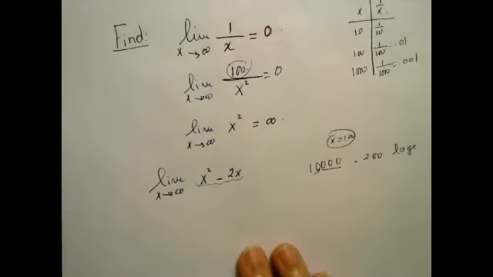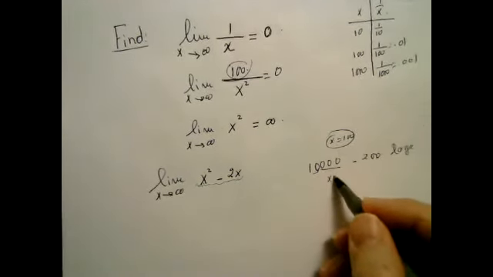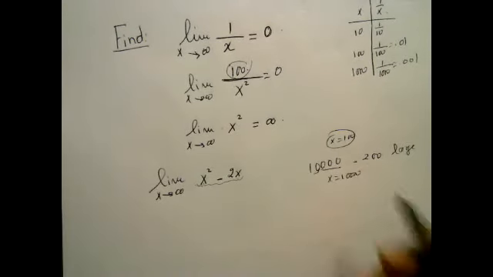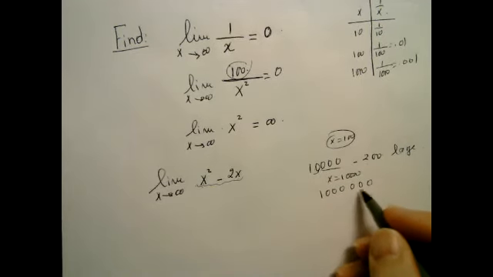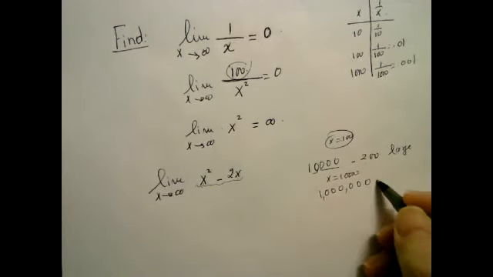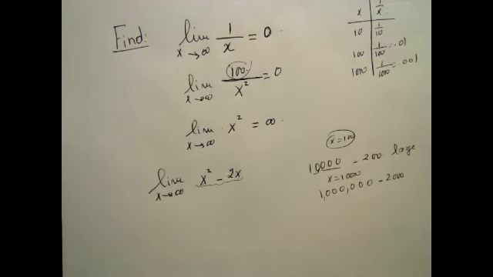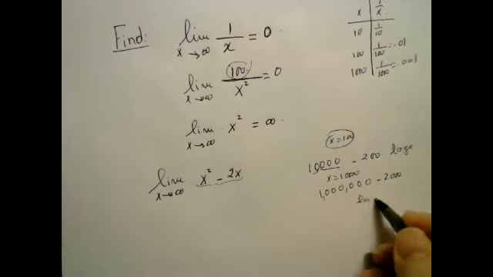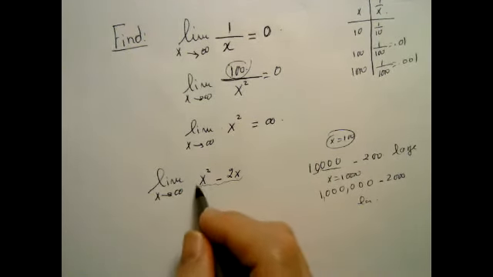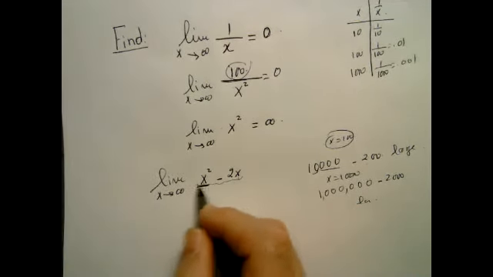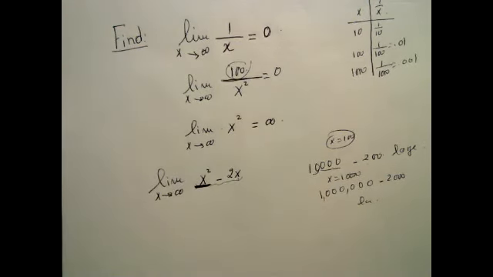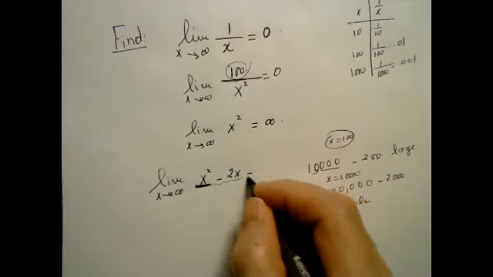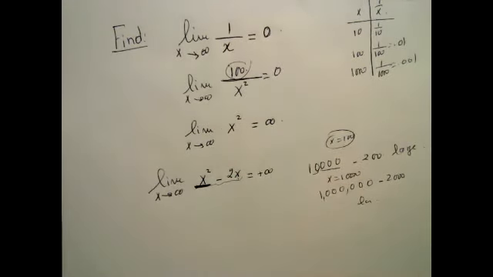And of course, things get worse. If I take x to be 1,000, that's 1,000,000 minus 1,000. That's also going to be large. So in an expression like this, what really takes over is the term that grows to infinity faster, the term with the highest degree. And this is going to be equal, of course, to plus infinity.